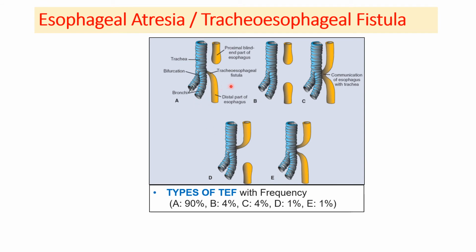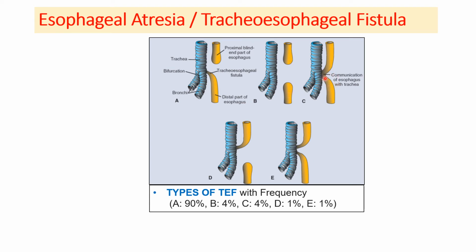This picture is showing various types of the tracheoesophageal fistula. In 90% of cases, there is a communication of the distal part of the esophagus with the trachea, and the proximal end of the esophagus is a blind, atretic end. This is followed by the type in which both ends of the esophagus are blind, which is 4%.